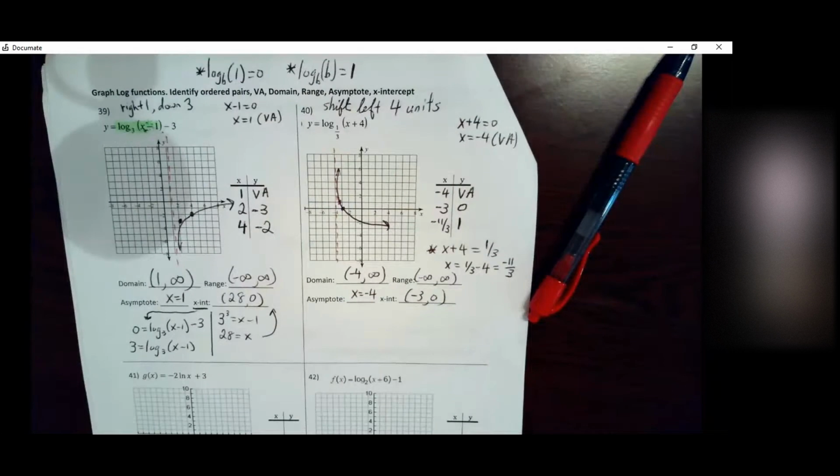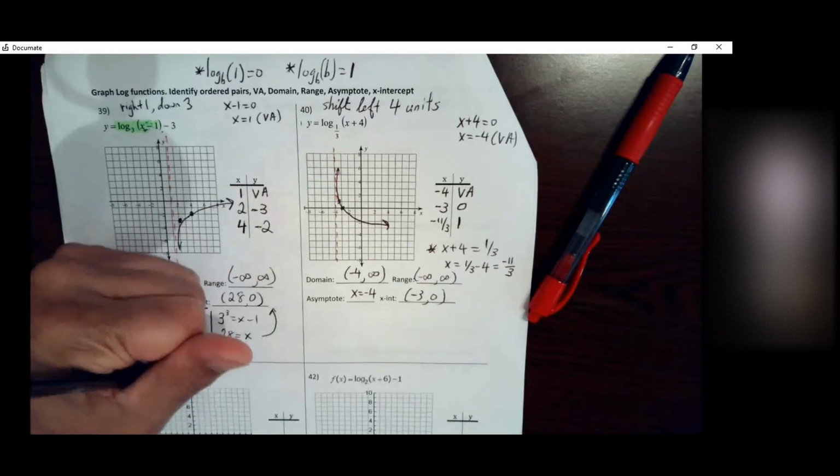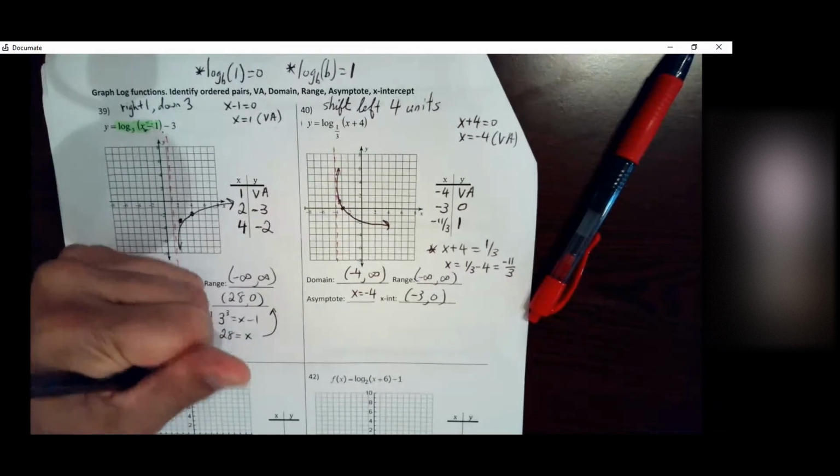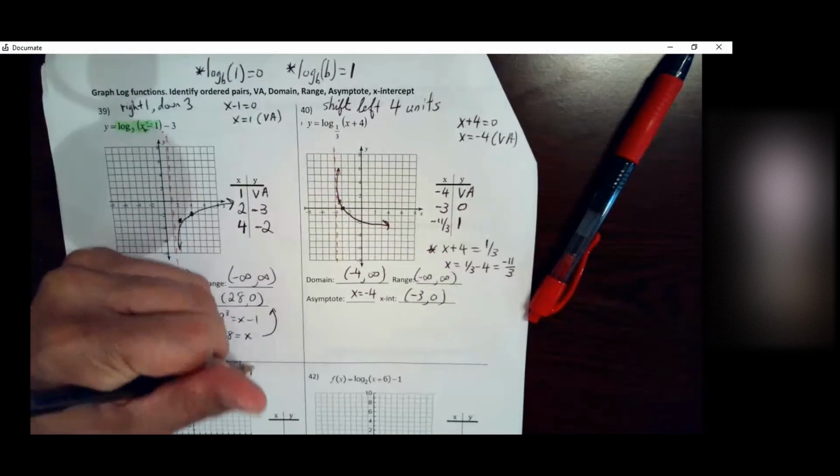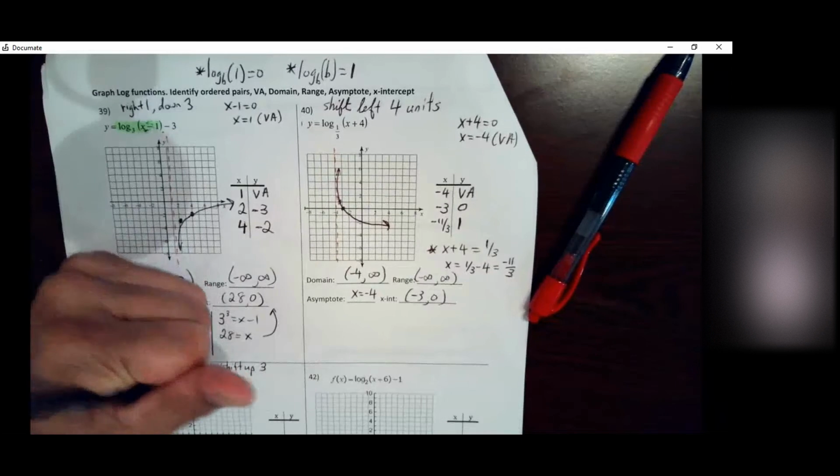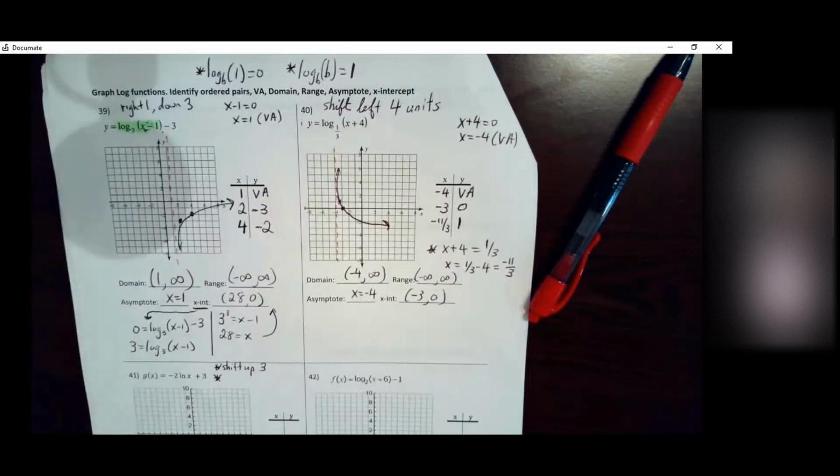This got shifted up by 3. One more. What other transformation? Oh, there's two more.